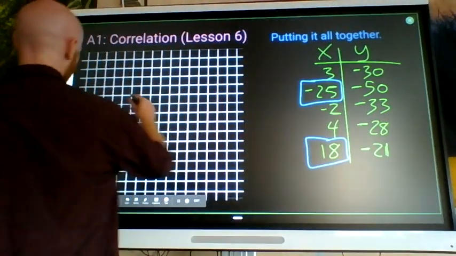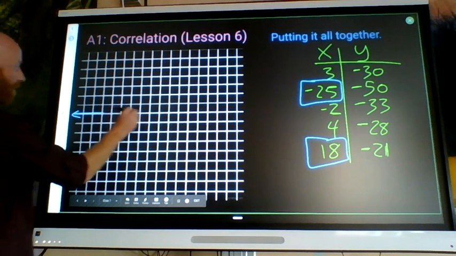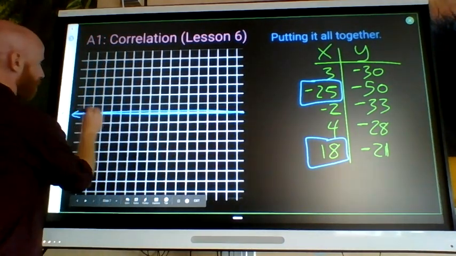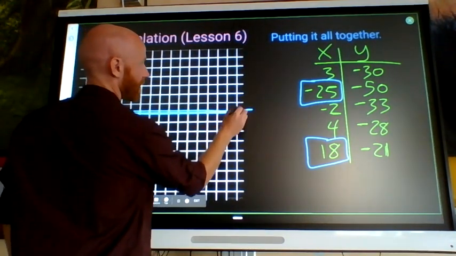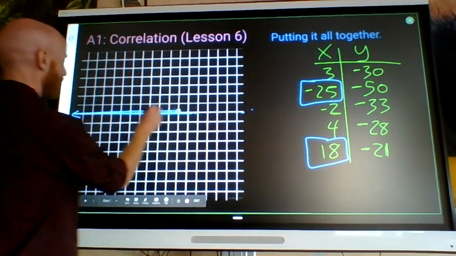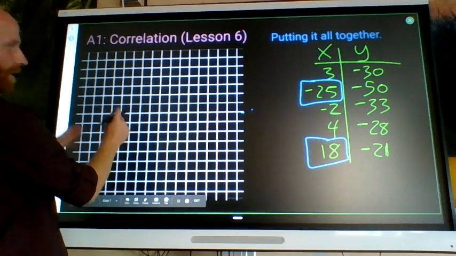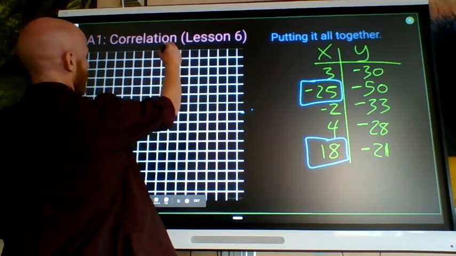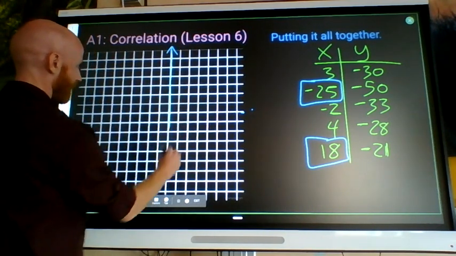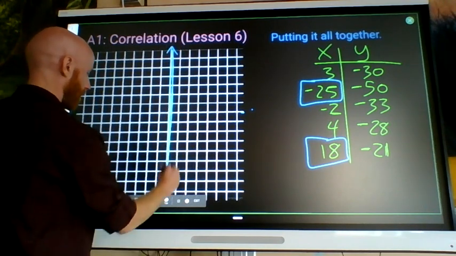I'm going to have more negatives than positives, so maybe I'll put my x-axis, my fault, my y-axis, such that I can have more negative x than positive x's.